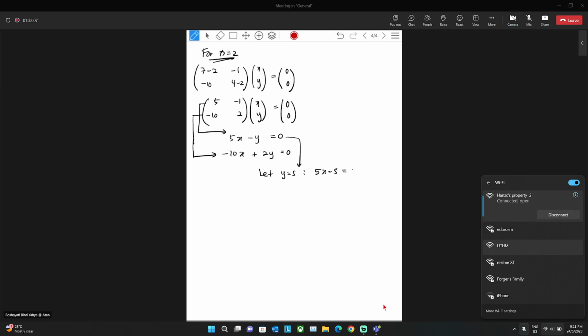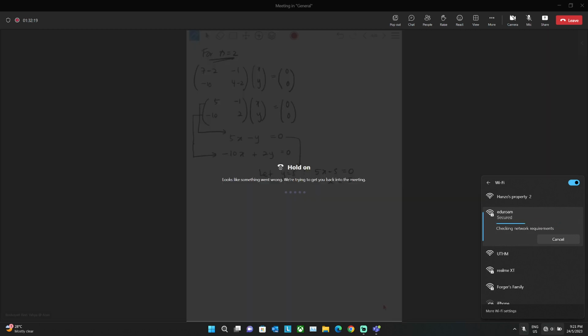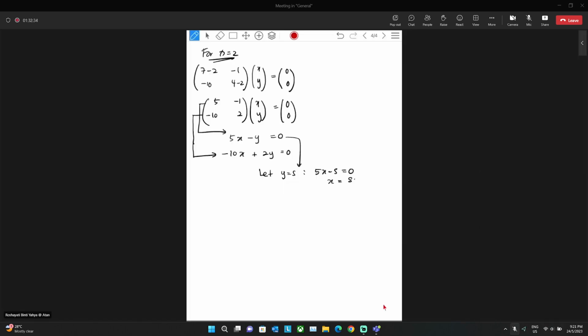X equal to s over 5, so will be for x 1 over 5, for y is 1.